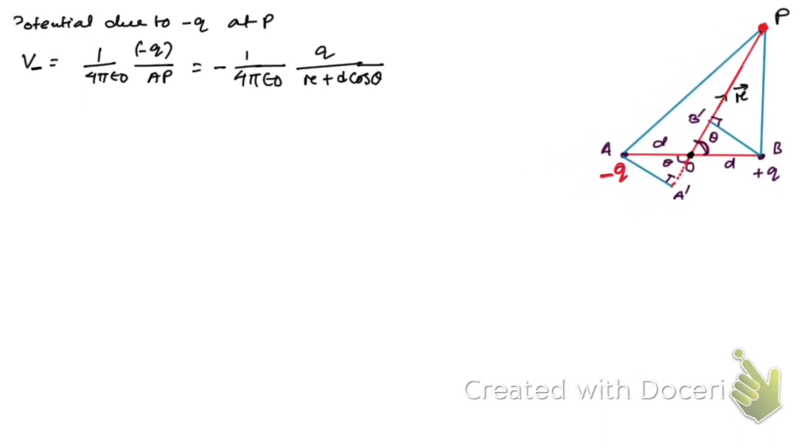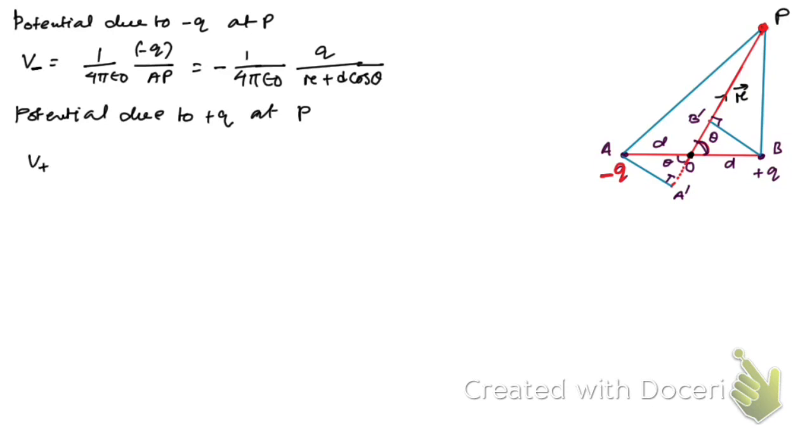Now let us find the potential at P due to positive charge, right? Potential due to Q, the positive charge at P. So what is going to be the potential?